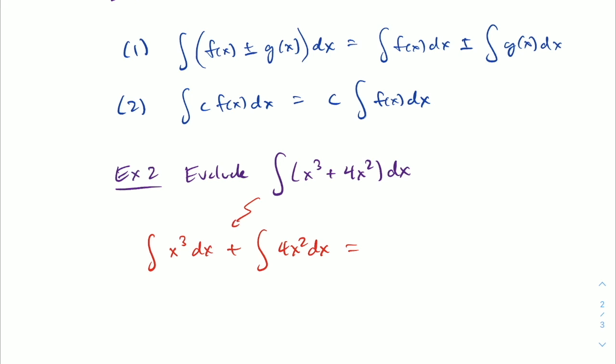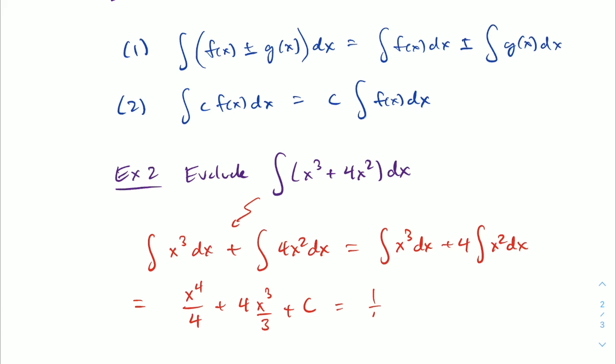And then we can take the coefficient rule, the second rule, and rewrite that second integral as 4 times the integral of x squared dx. And then we just apply the reverse power rule twice. We'll get x to the 4th over 4 for the first, and x cubed over 3 for the second, leaving that 4 coefficient and adding a plus c. And we can rewrite this slightly to make it a little cleaner, and we have our answer.